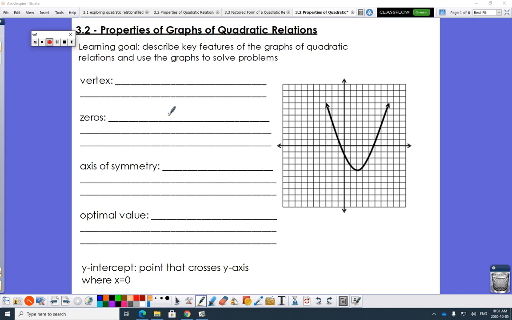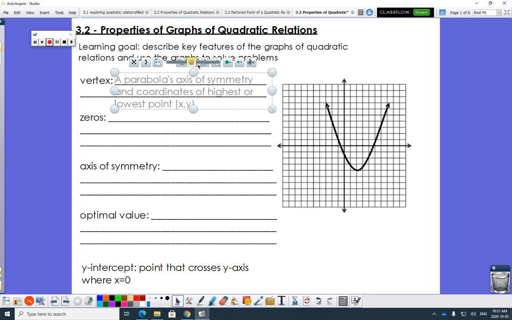So the official definition for vertex is the vertex gives us the axis of symmetry, the x value of the vertex, and the coordinates of the maximum or minimum value.